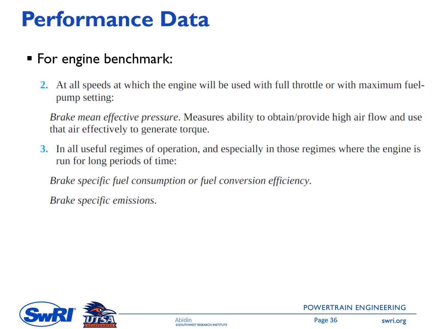And then at all engine speeds, we can also make comparison of the brake mean effective pressure, so PMEP, and then at all useful regimes of operation, we can also make comparison of the PSFC or the brake specific emission.